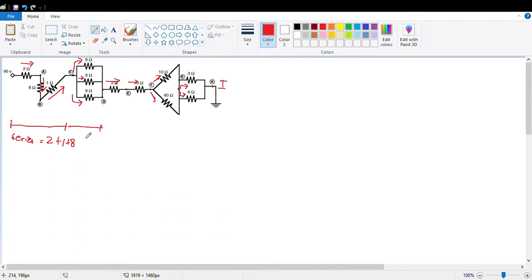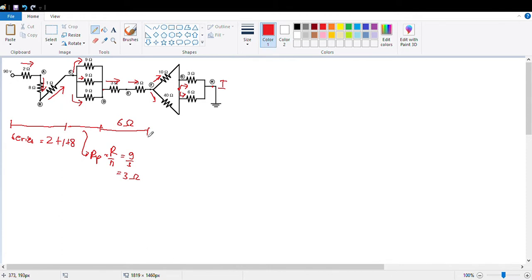For parallel, I prefer to use R parallel is R over N, because the resistors are identical, right? So 9 over 3, 3 ohm. And then these two are 3 and 3, so 6 ohm.